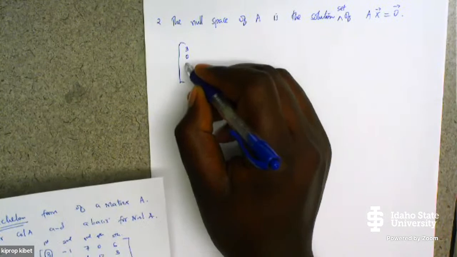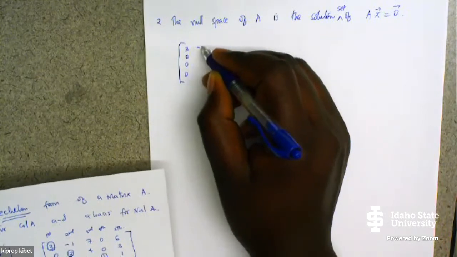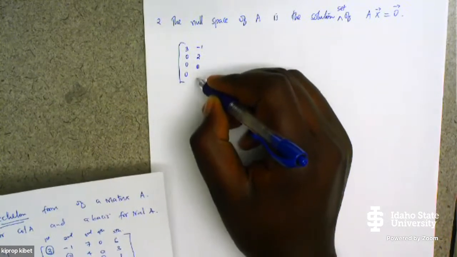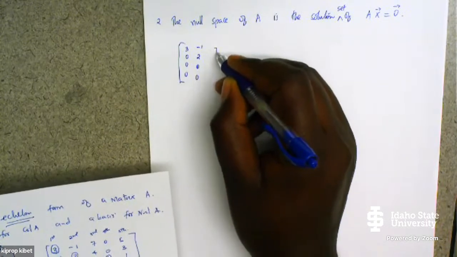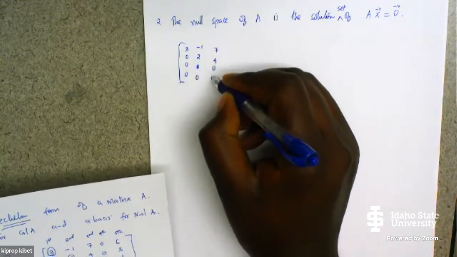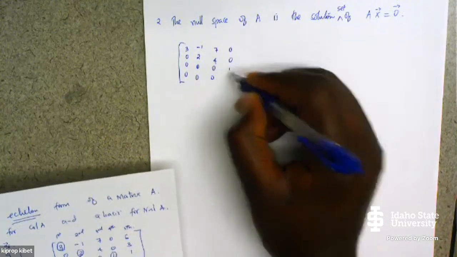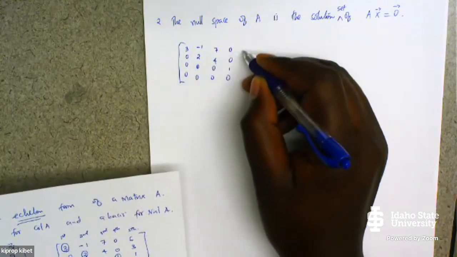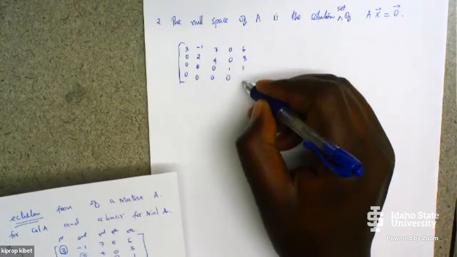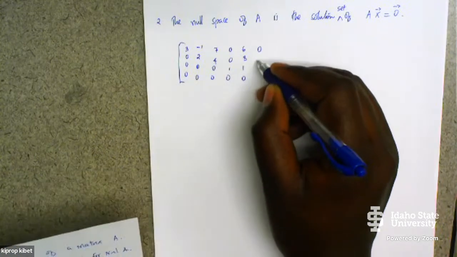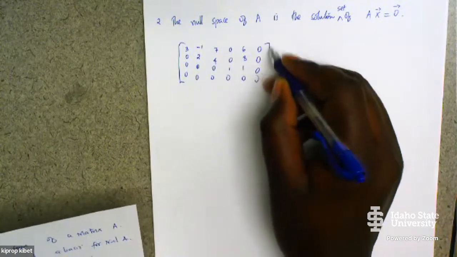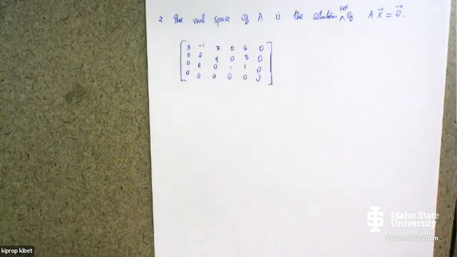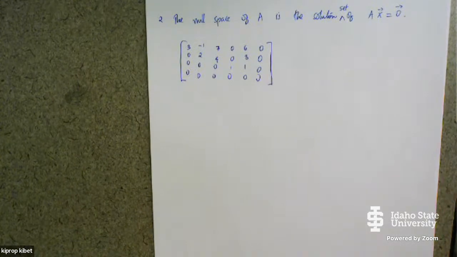3, 0, 0, 0, negative 1, 2, 0, 0, 7, 4, 0, 0, 0, 0, 1, 0, and then 6, 3, 1, 0. And then we now add 0, 0, 0, 0. And then we reduce it completely to reduced echelon form.